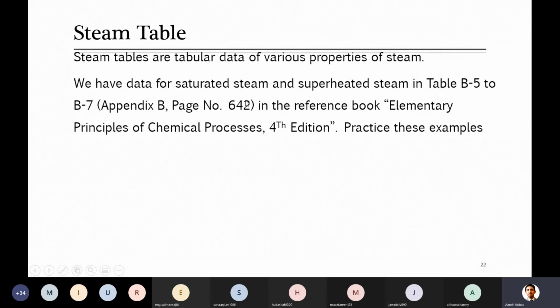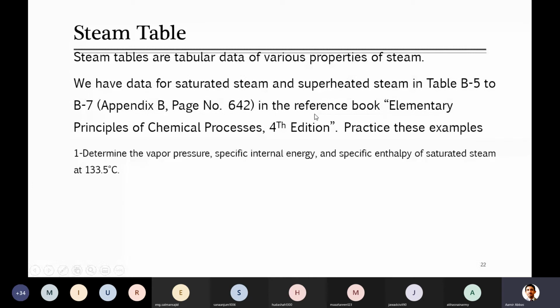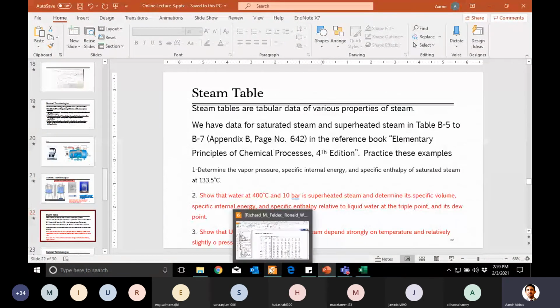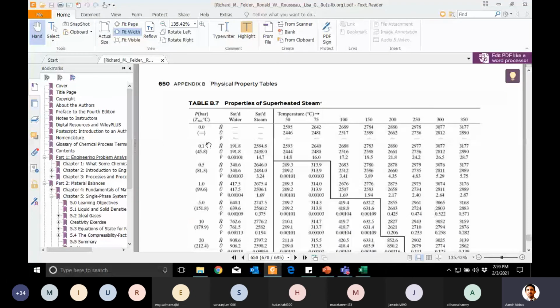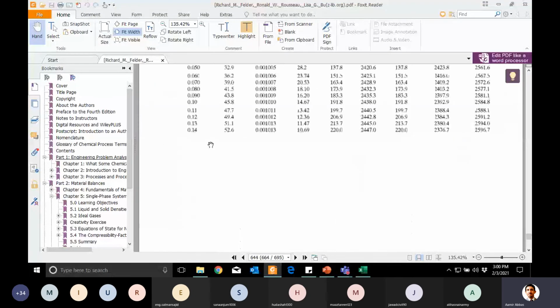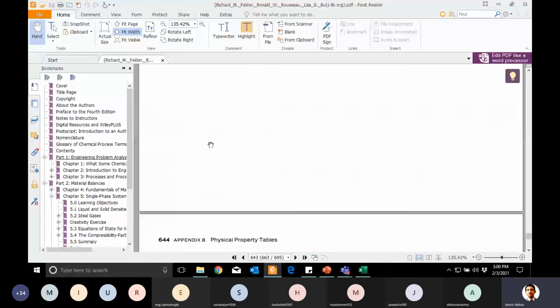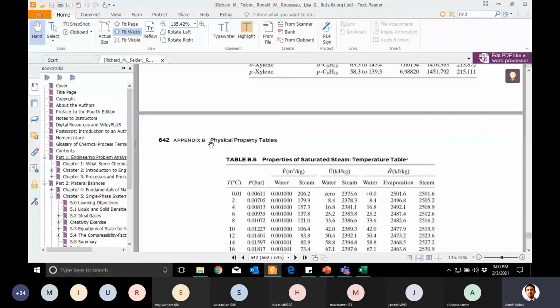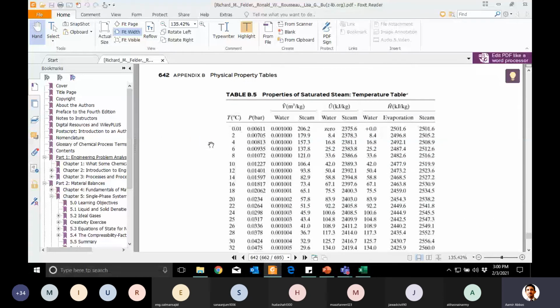These tables start from saturated and superheated. Let me quickly show you these, the saturated steam tables. Saturated steam means the steam which is just formed, which is at saturation conditions. So here in this book, I think you already know about steam table.